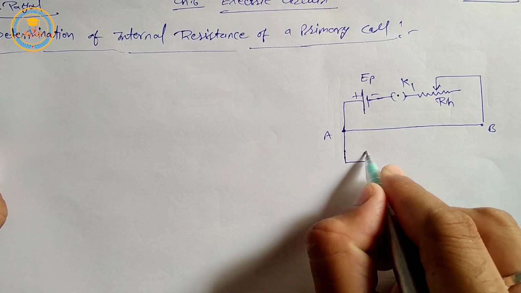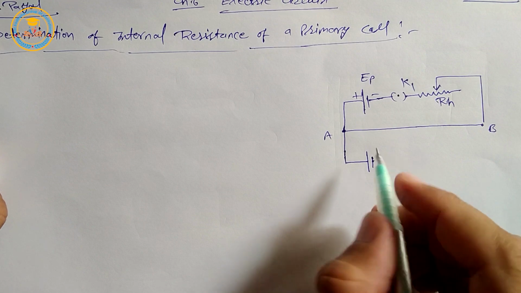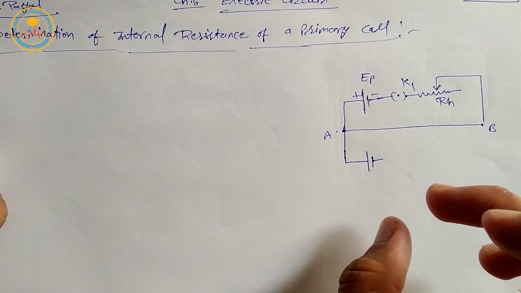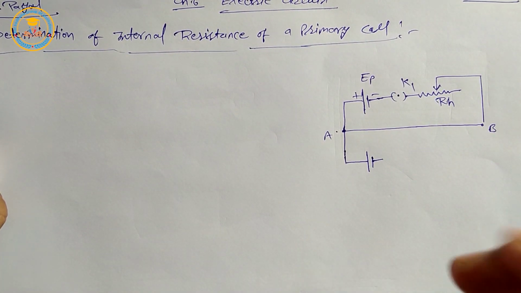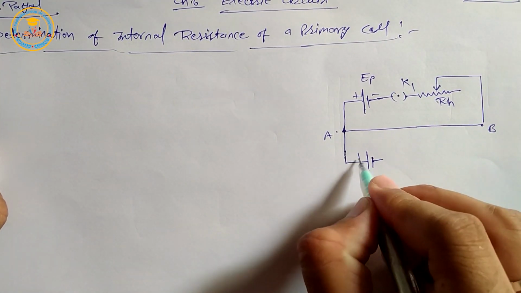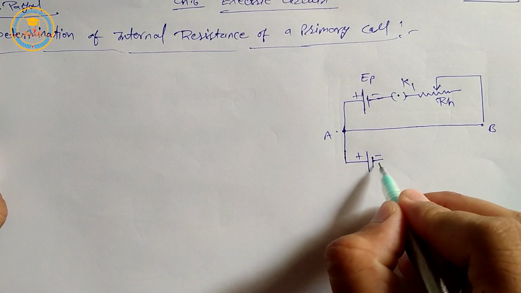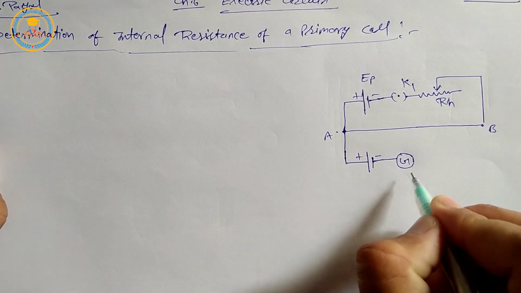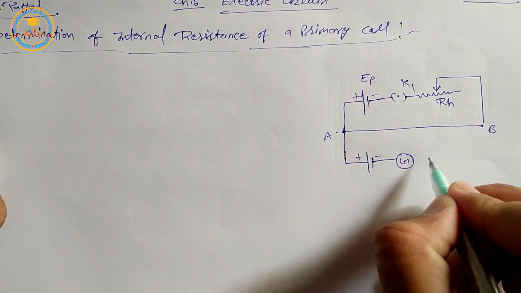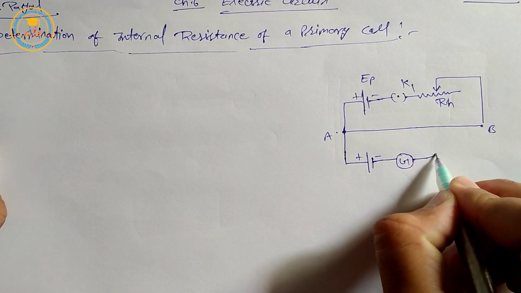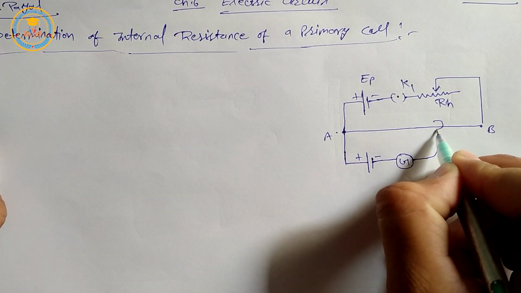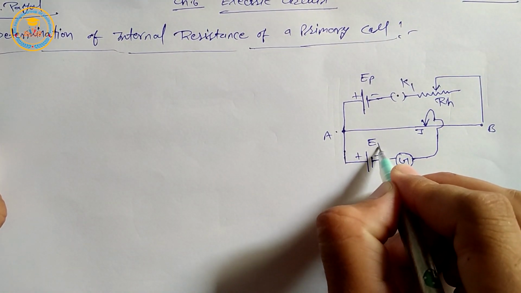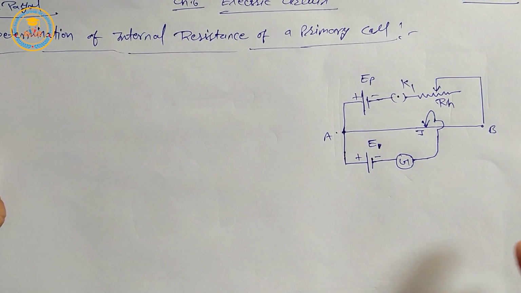Then the positive terminal of this cell is connected to point A. You learn this thing: the positive terminal of all cells connects to point A. The negative terminal is connected with galvanometer G, and the other terminal of G is also connected to the jockey J. The EMF of this cell is E.